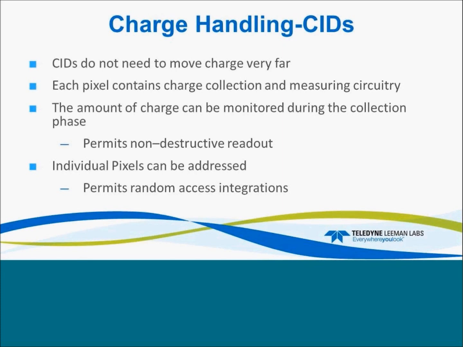Okay. And because each pixel has its own collection and measuring circuitry, you can do random access. So you can interrogate any pixel on the device or any group of pixels on the device independently of any other pixels. In that case, a CID is a lot like having a system with a number of different photomultiplier tubes where they are totally independent of each other.